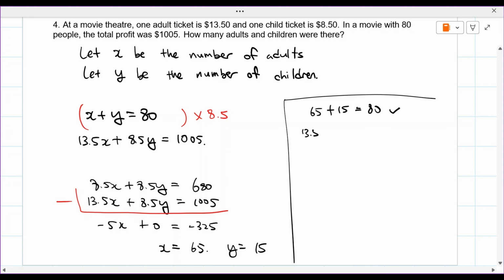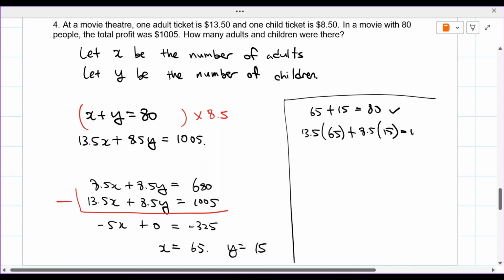Let's also check the second equation. 13.5 times 65 plus 8.5 times 15 is equal to 1005. So let's put that into the calculator to check whether you got it right or not. 13.5 times 65 plus 8.5 times 15 is indeed equal to 1005. So yes, we completely got the right answer.